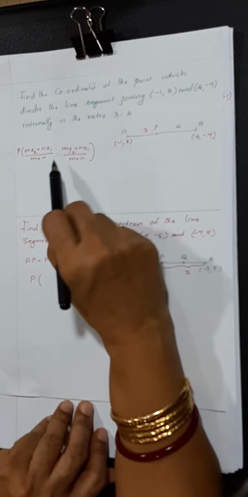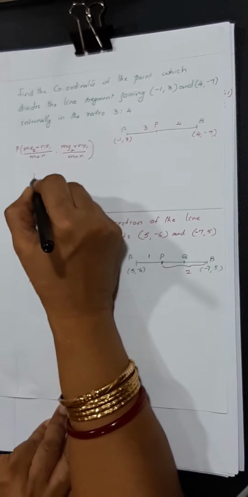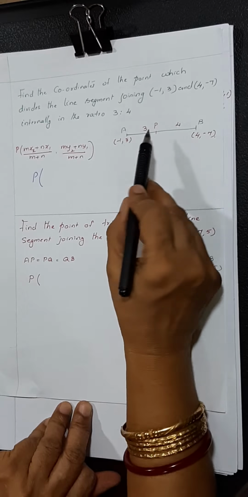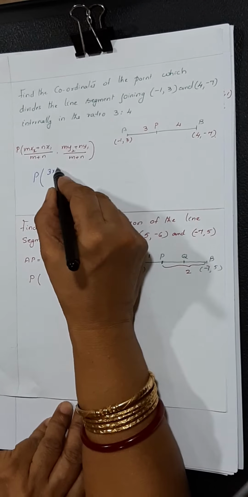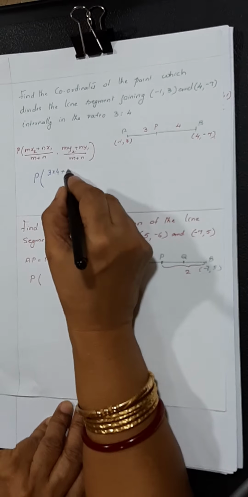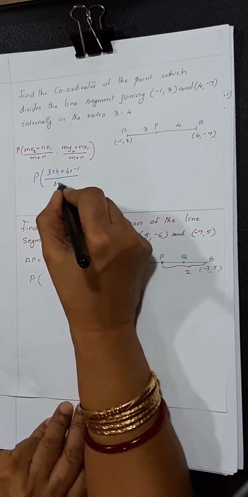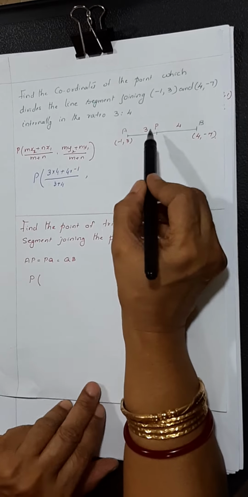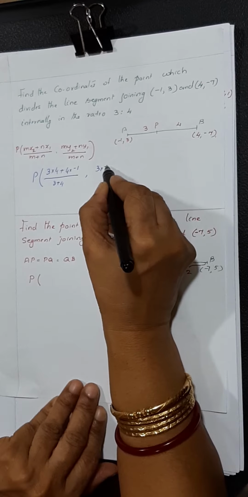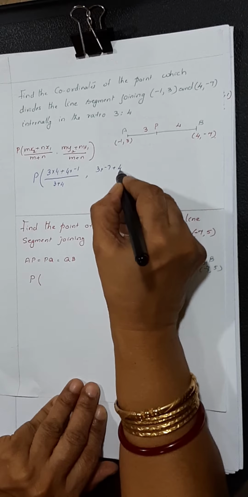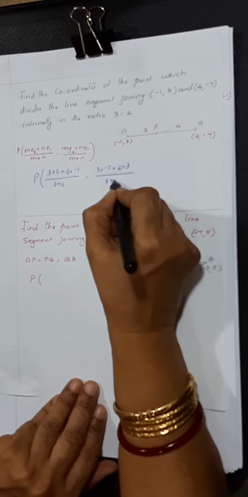It is simply substitute in the formula and find the value of the coordinate of P. So P is mx2, so 3 into 4 plus 4 into -1 by 3 plus 4, and my2, so 3 into -7 plus 4 into the y coordinate by 3 plus 4.